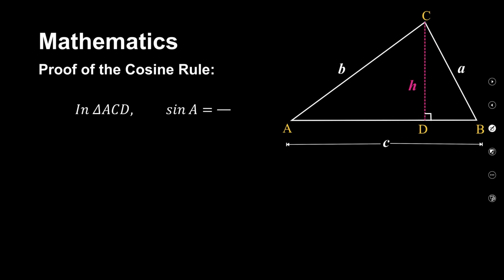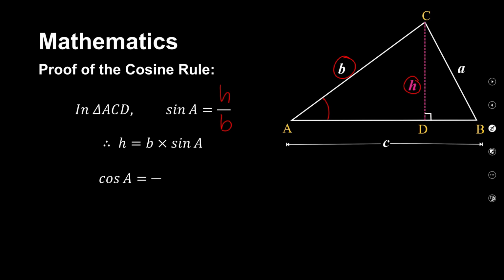Again, we're going to start writing out a formula for sine of A. Sine A is opposite over hypotenuse, so it's h over b. And again, we're going to make h the subject of the formula by multiplying throughout by b. So h will equal b sine A.